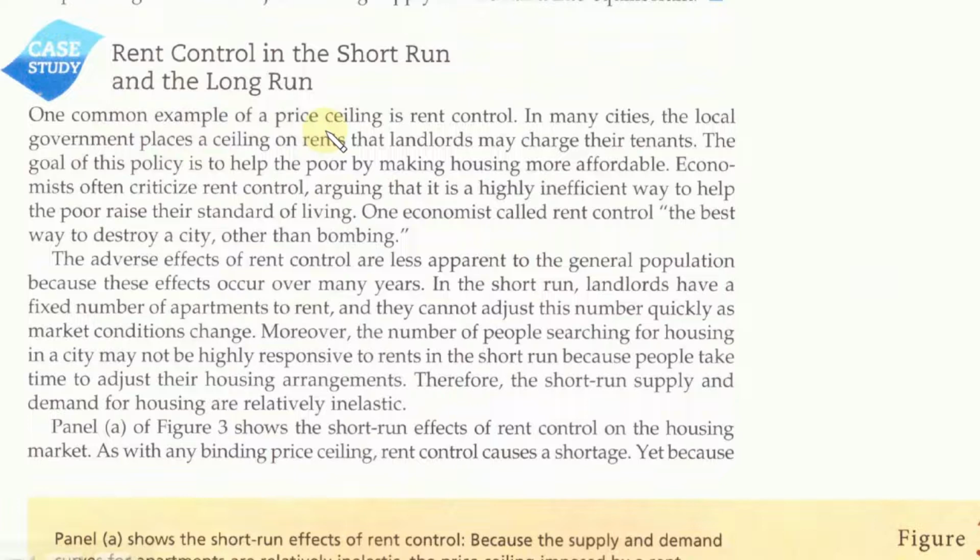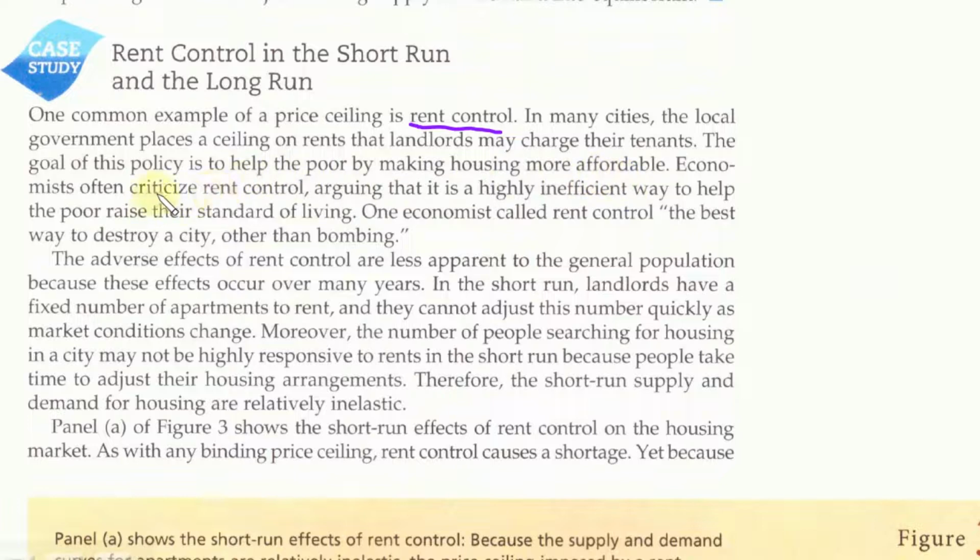One common example of a price ceiling is rent control, right? Rent control. In many cities, the local government places a ceiling on the rent that landlords may charge their tenants. The goal of this policy is to help the poor by making housing more affordable, right?